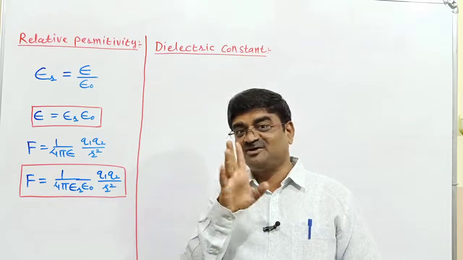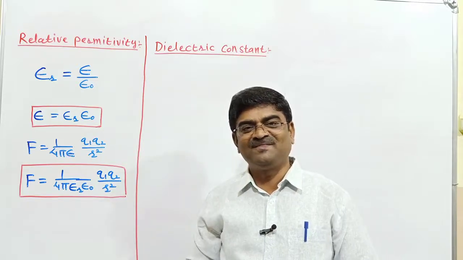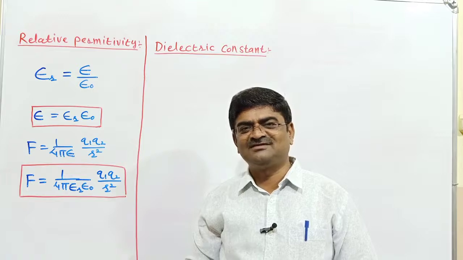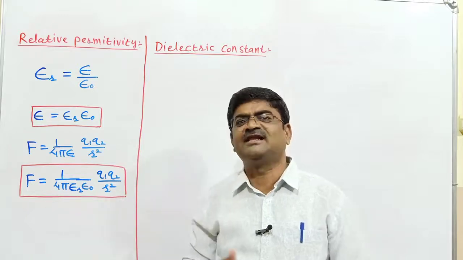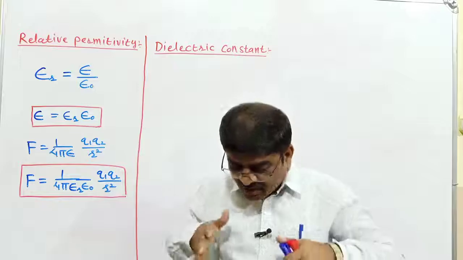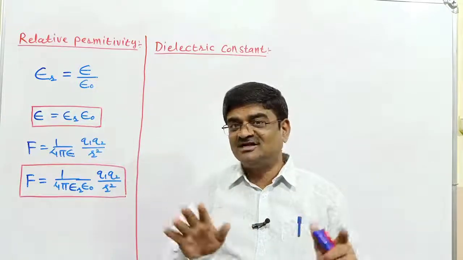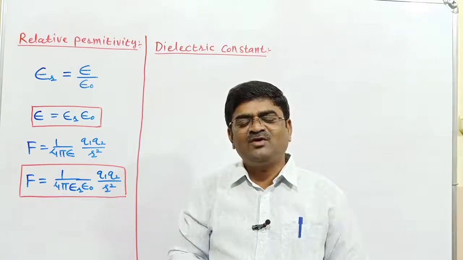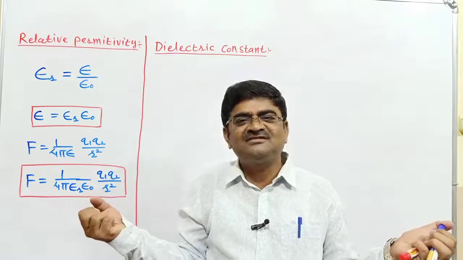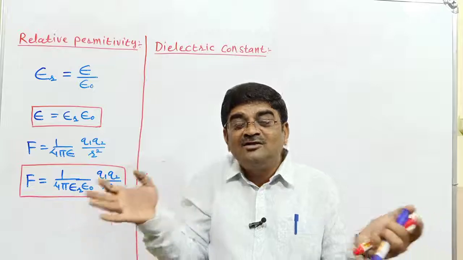Rather, the effect of charges can get propagated. And what is the effect of charges? I'll speak about it in the coming classes: the electric field. You can have the electric field propagating through dielectrics, but not the charges. You can have interaction between the charges in the dielectric, but not the motion of charges.